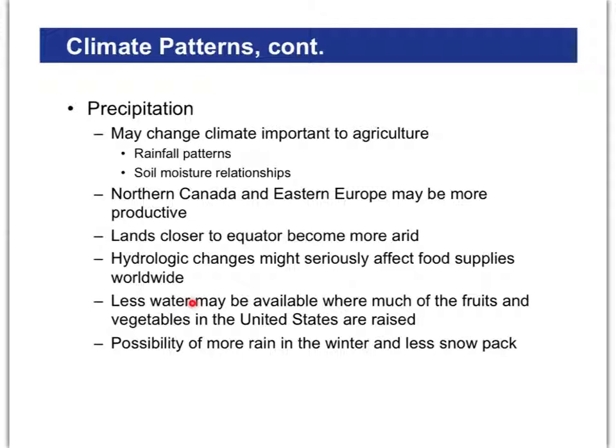In the winter, it would rain more, which sounds good, but we're used to having more snow in the winter. And so places that depend on snowpack in the mountains, having stored water up there that runs down over the next few months, that water would run down right away because it's not snow, but rain. And so that would be a limited supply of water that those people would have.